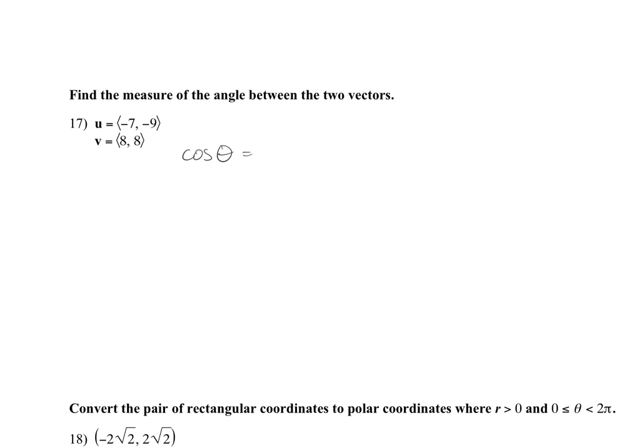The angle between the two vectors is the ratio of the dot product and the product of the two magnitudes. So the dot product is a combination of the product of the two horizontal components added to the product of the two vertical components.